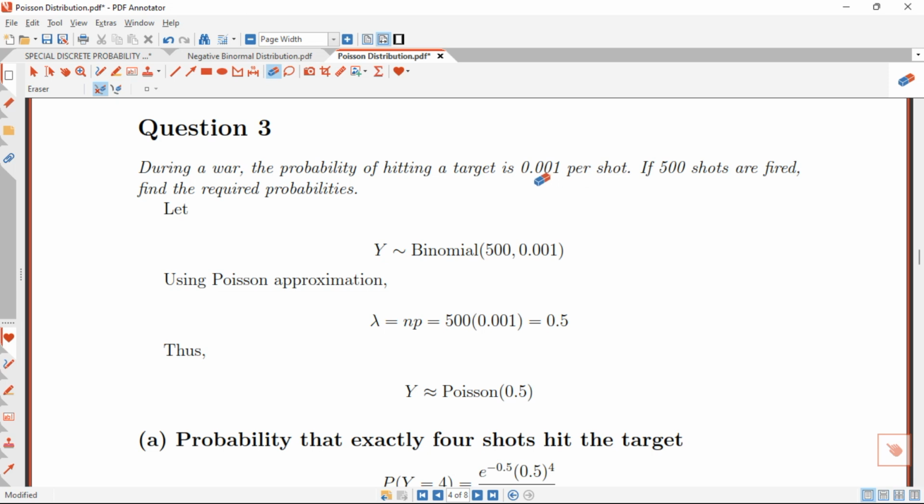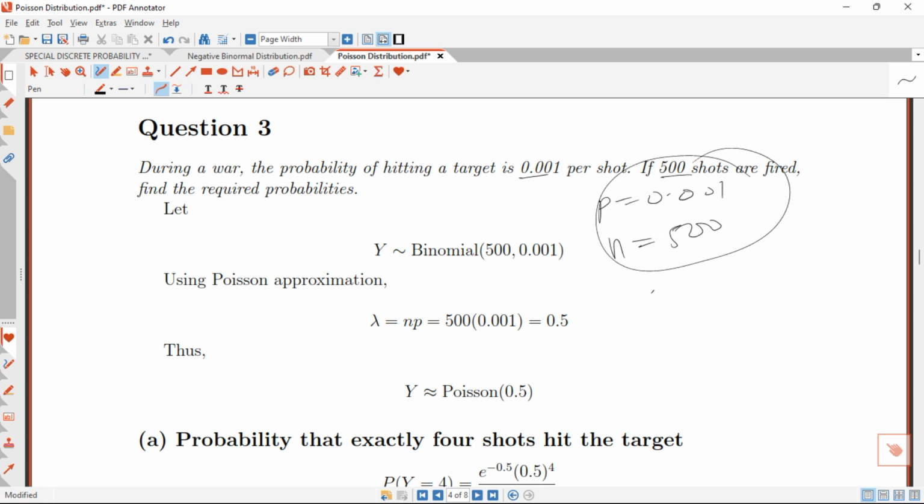You can see that here our p is very small, and our n is very large, equal to 500. So we cannot use the binomial distribution to solve this particular question, though technically it is a binomial question. We have to use Poisson to approximate the binomial.